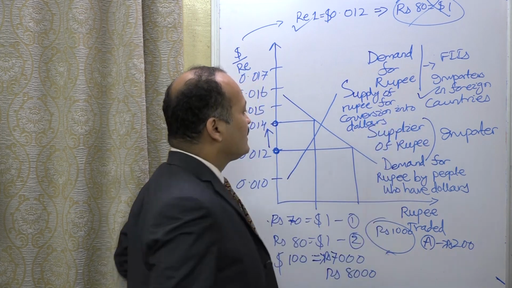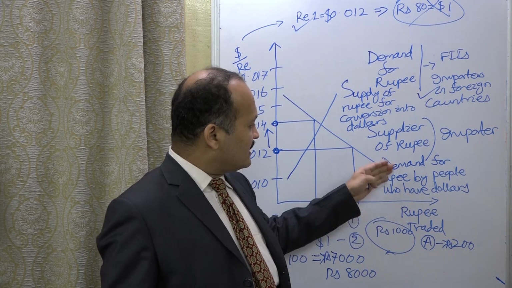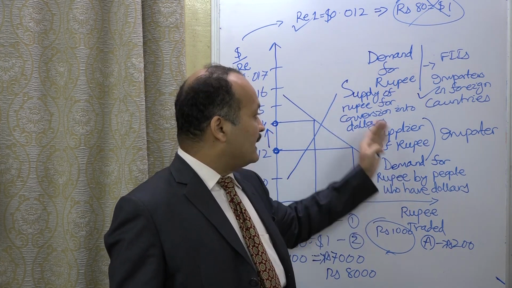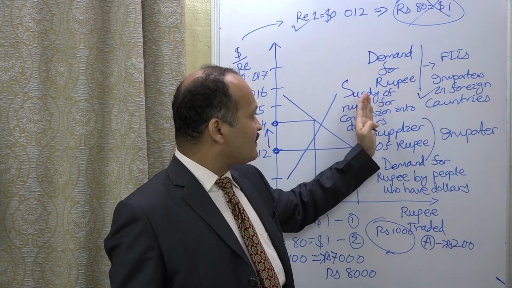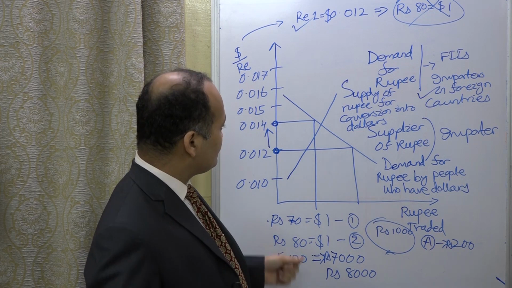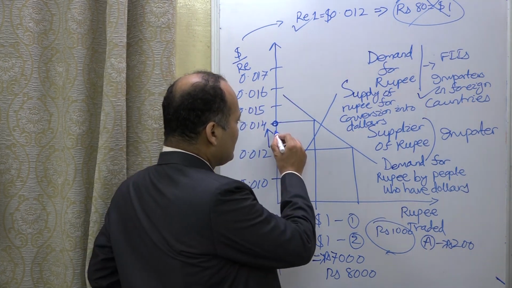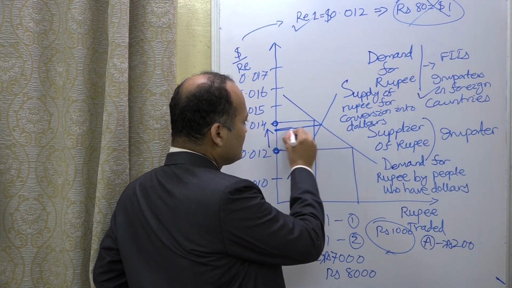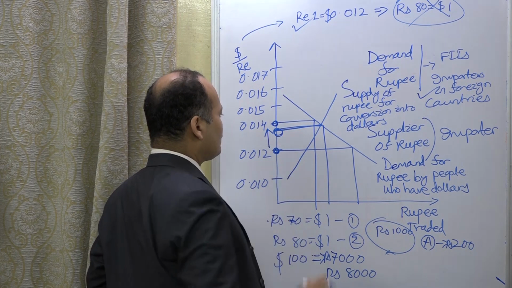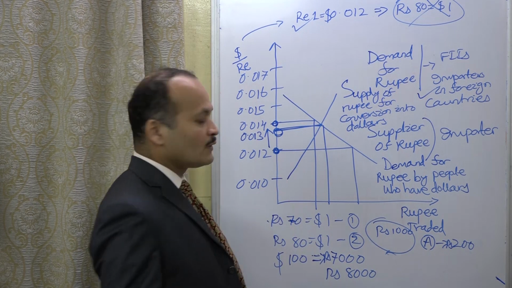That means the demand curve is depicting demand for rupee by people who have dollars, and the supply curve is depicting supply of rupee for conversion into dollars. And where the demand and supply curves intersect, my equilibrium exchange rate will be decided at that level. Maybe this is somewhere around 0.013, okay.